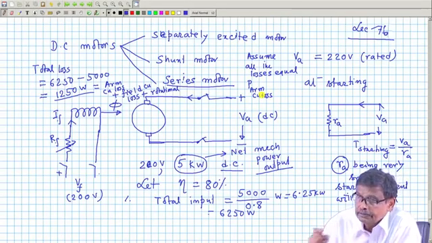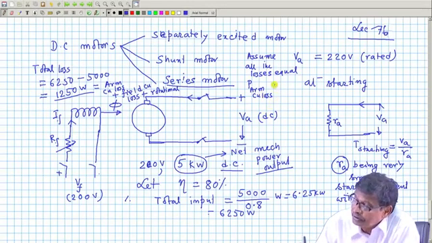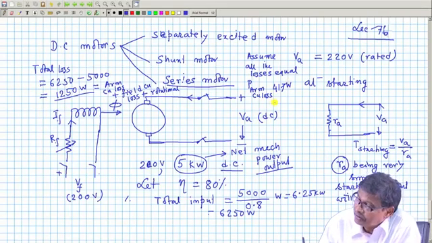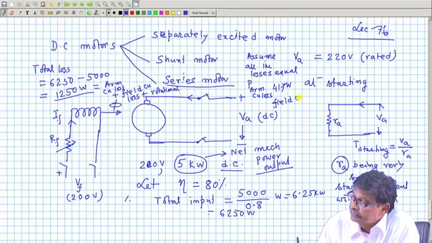How much is it? 417 watt. The field copper loss also, say 417. That is what I have assumed.